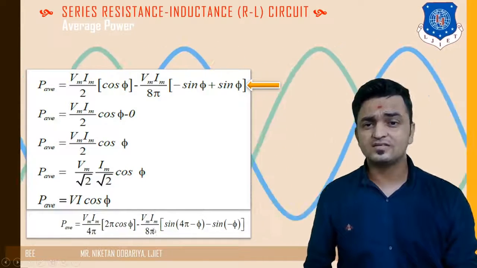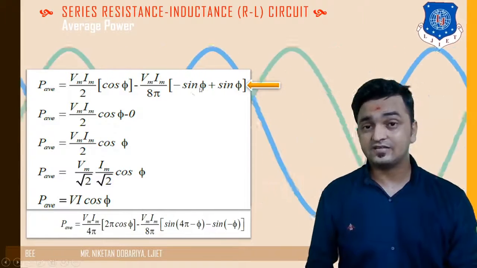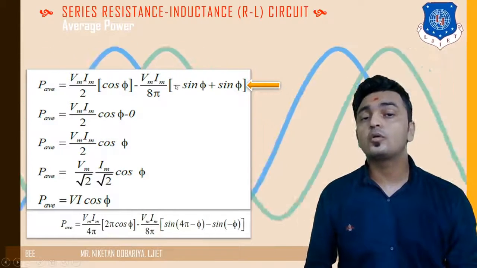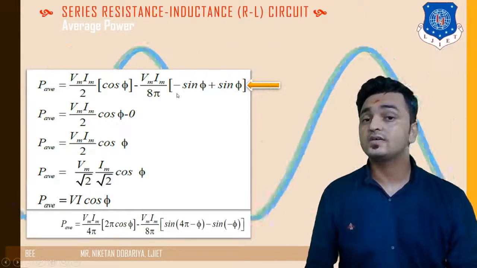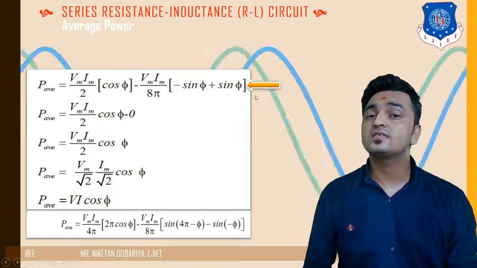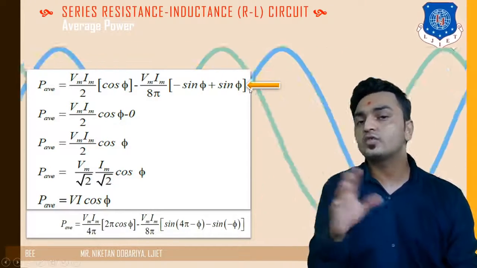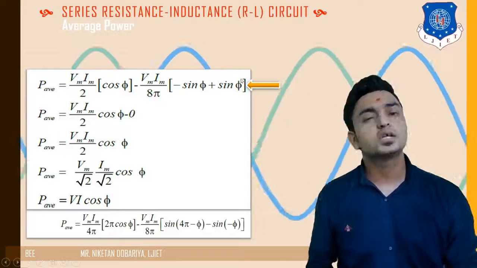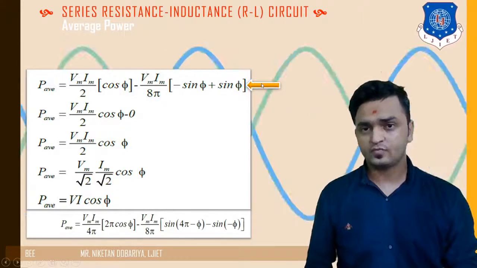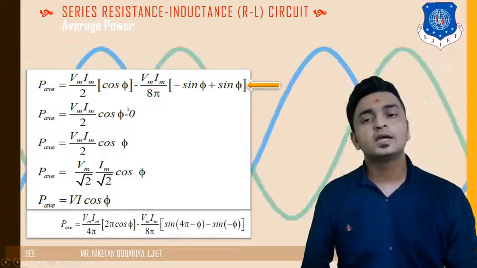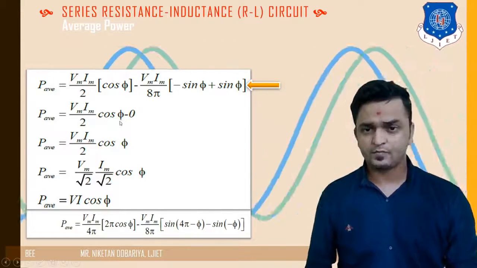So we replace this term by sine(minus phi). The minus can be taken as common, giving minus sine phi, and here we have plus sine phi. Both cancel out each other, so this second term is 0, and the remaining term is Vm Im by 2 into cos phi.